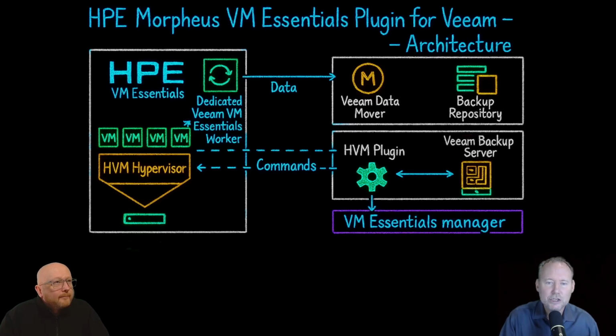And then in addition to the plugin, you have the worker. You have a dedicated worker in the environment, and you can think about this very similar to what you already understand in Veeam architecture for the Veeam proxy. It's basically doing all the same work. The reason that we are calling it a worker is that it's not quite as full featured as a proxy, and you're not going to be able to install additional roles on that worker.